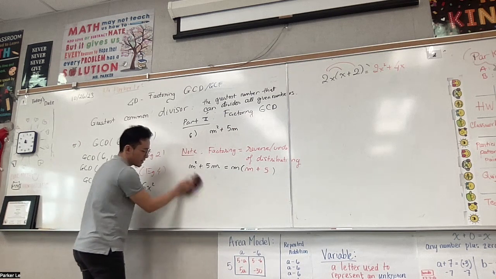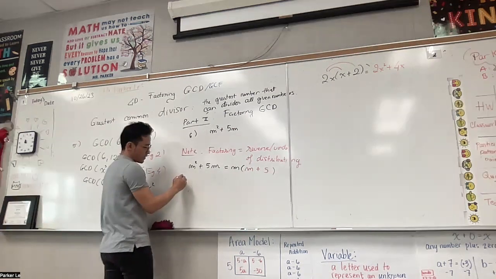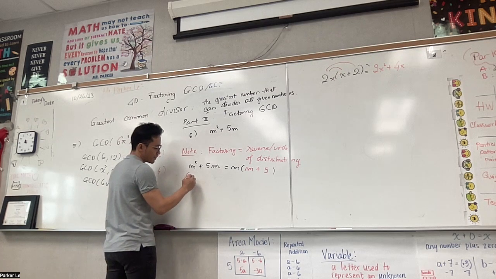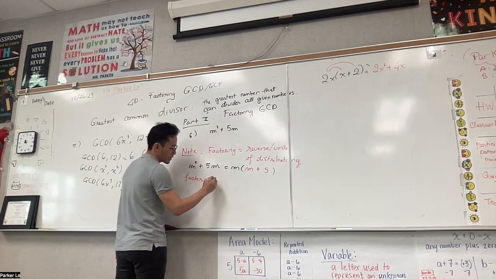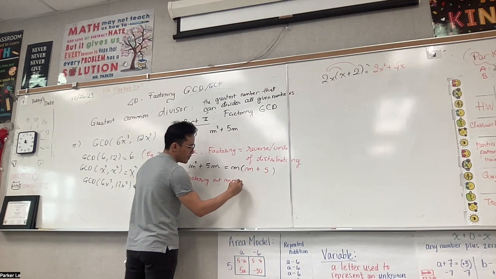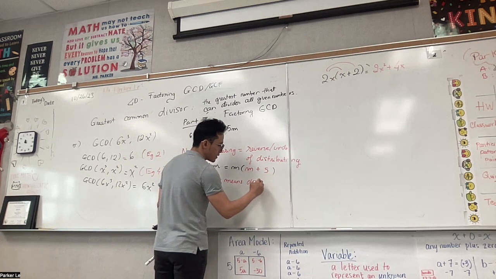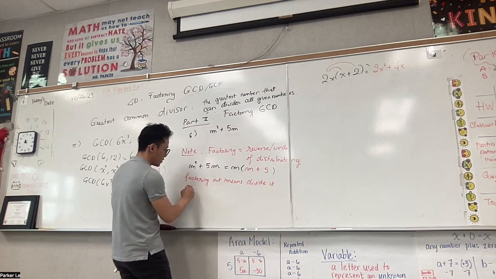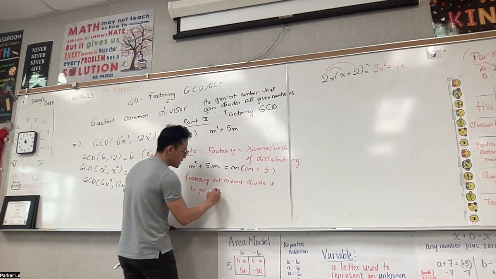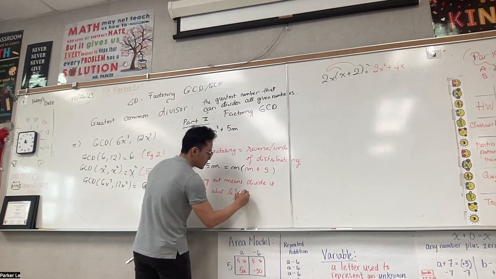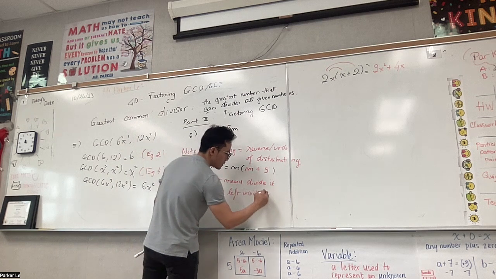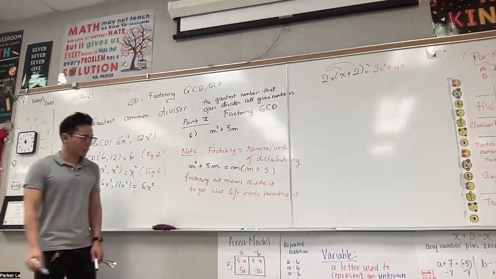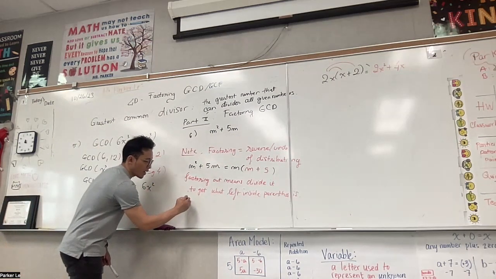So write a note right here. Factoring out is dividing to get what is left. So that means like m squared, I took out m.